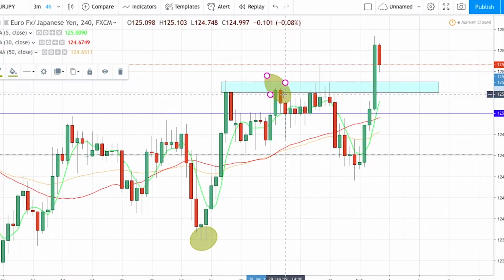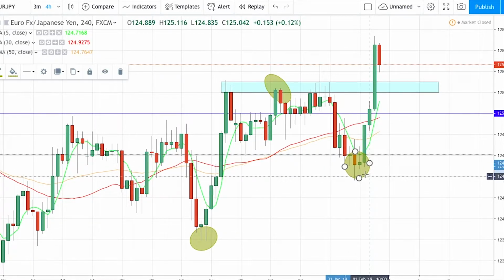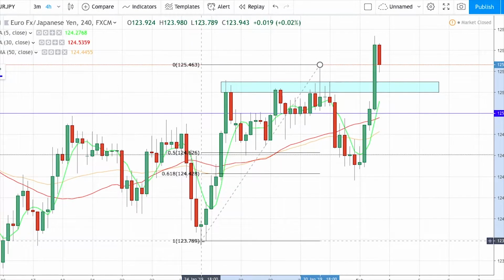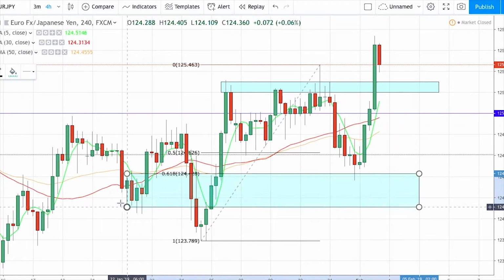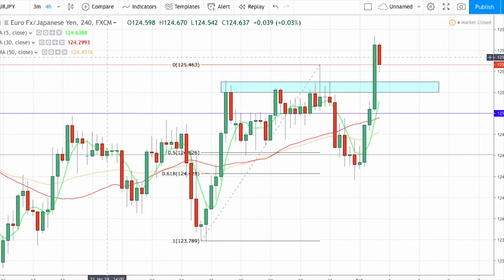I'll just use this one for example, and then we did form a higher low here. And if I was to even get a bit more technical, from the wick high, which was this one, up into the rally, see, perfectly, a bullish 61.8 Fibonacci retracement, which was this zone here, pinpoint, absolute perfection there.